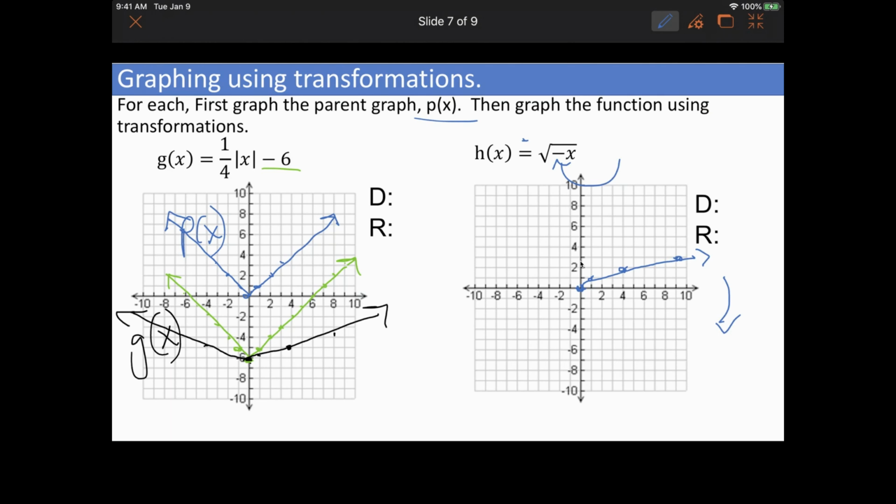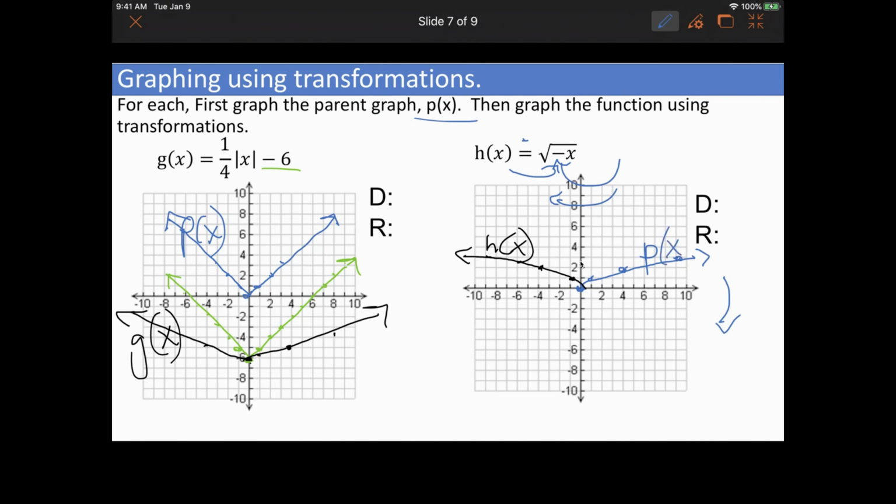But if it's inside the argument, it flips it over the y. So it will be here. This is h of x. This is p of x.